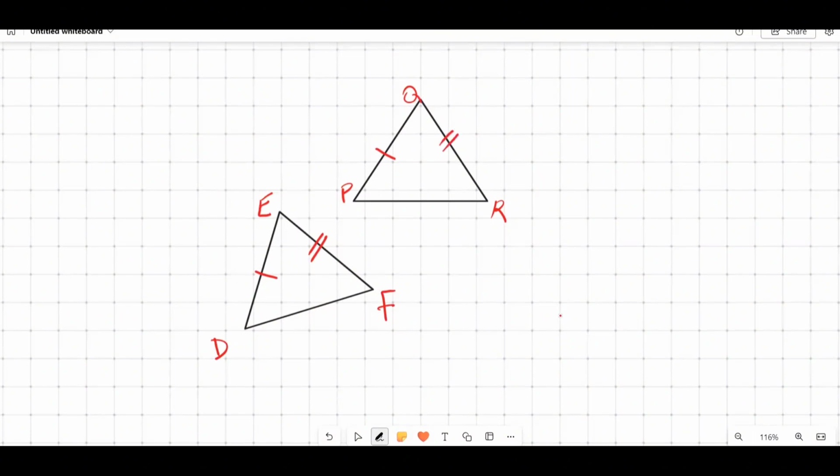Also, if we realize that DF is congruent to PR, we will notice that we have three sides of triangle DEF that correspond with the three sides of triangle PQR. We have a side that is congruent to a side from the other triangle, and a side and a side. So in this case, we're looking at the side, side, side postulate.